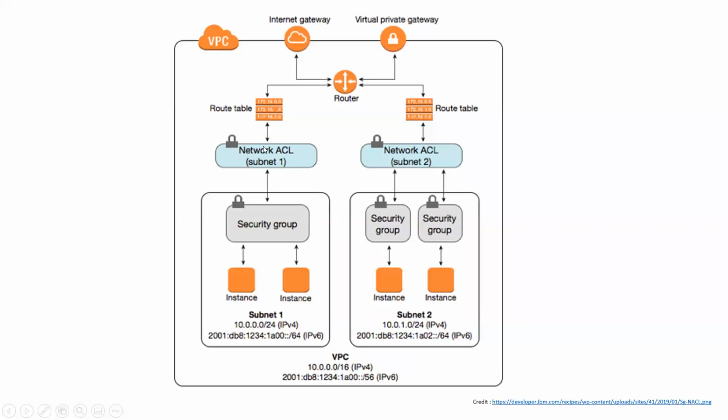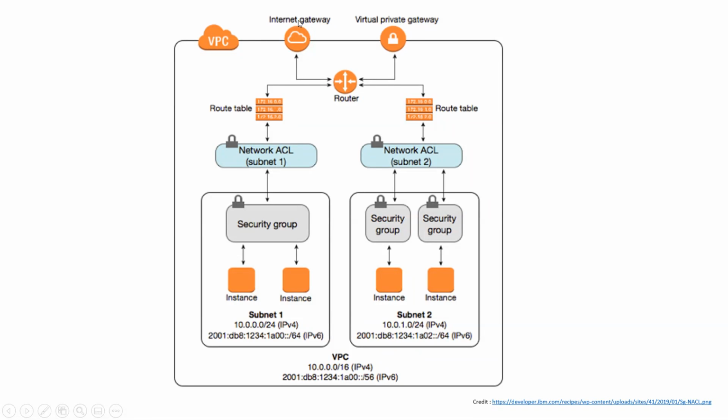So whether the packet will go into the subnet or not will be evaluated by the network ACL rules. But let's say the packet went in. Now the packet went into the subnet. Does it reach the instance or not is evaluated by your security group rules. Your network ACL may allow it, but the security group could still deny it. That is an incoming packet from outside.